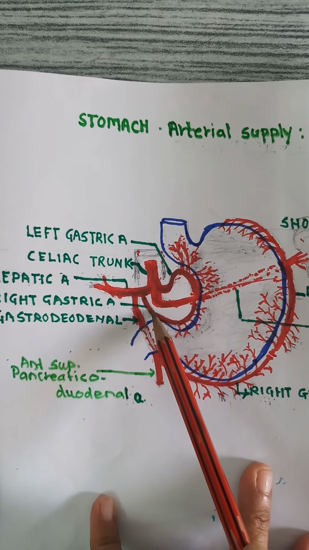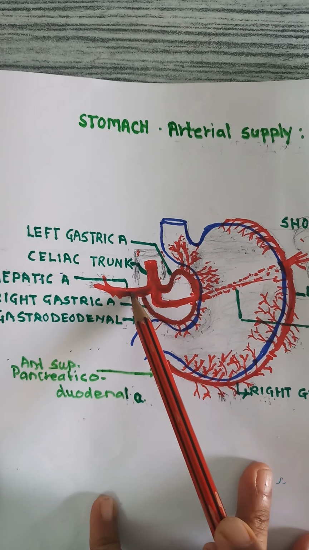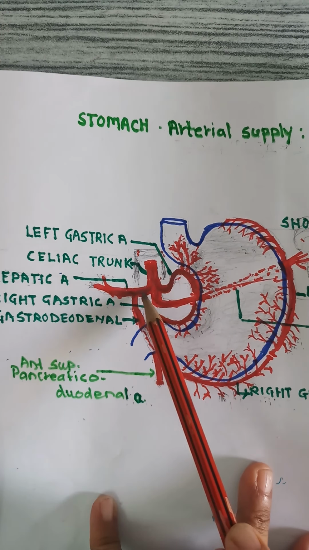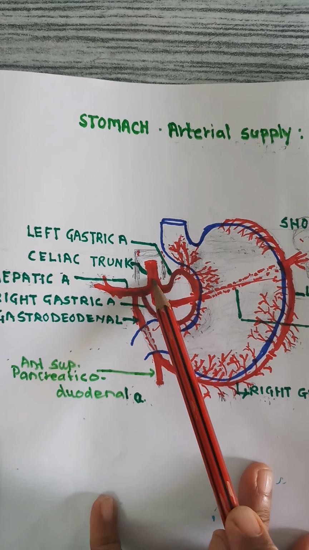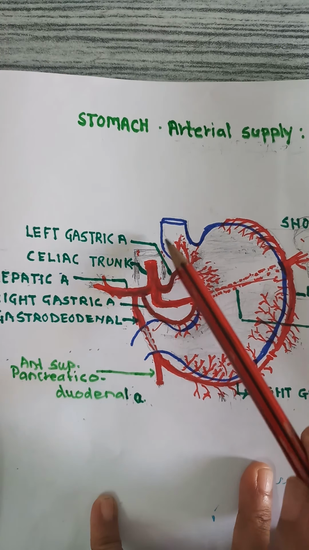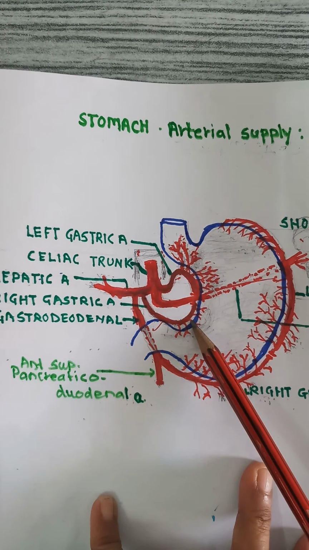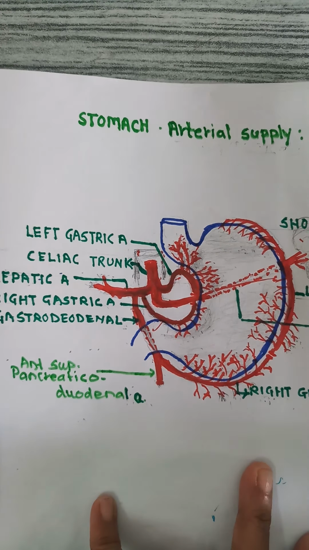The right gastric artery is a branch of the common hepatic artery, and the common hepatic artery, as we know, is a branch of the celiac artery. So the lesser curvature is supplied by the left gastric artery and right gastric artery.